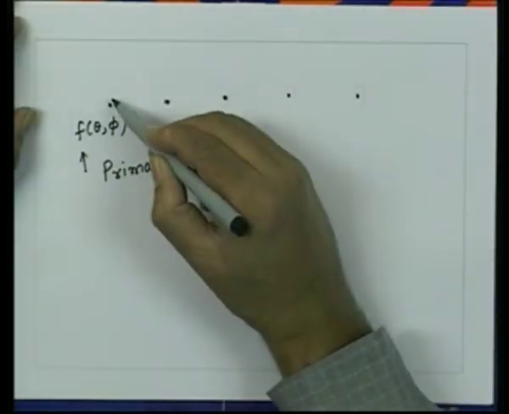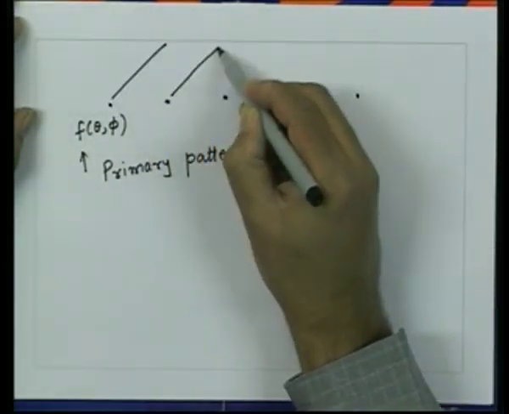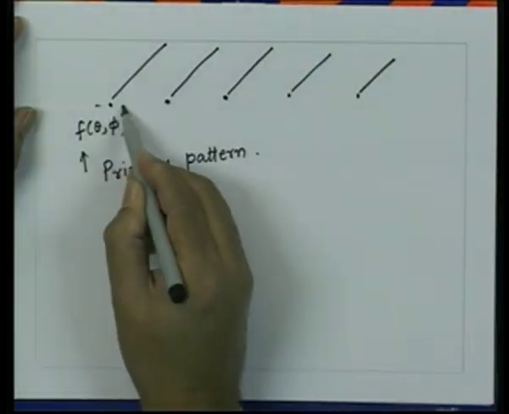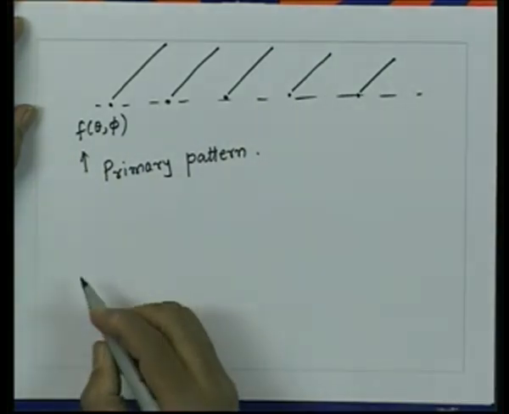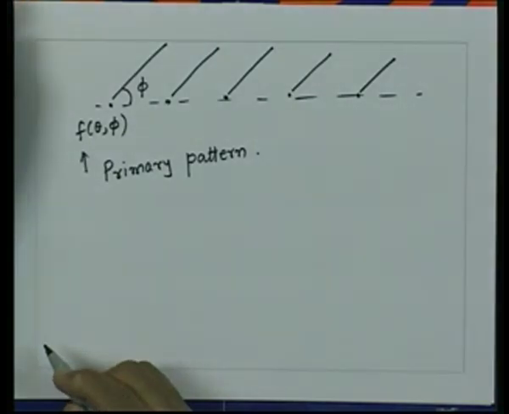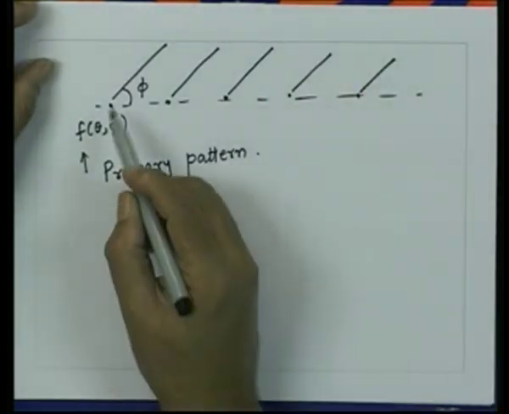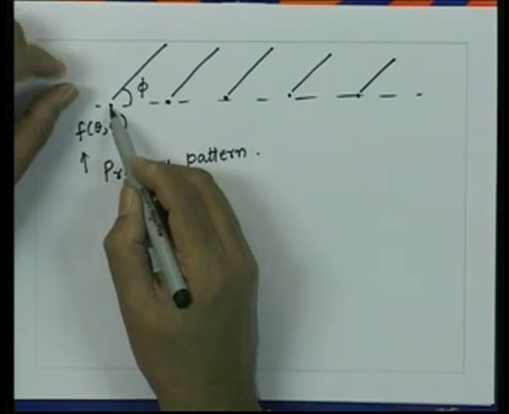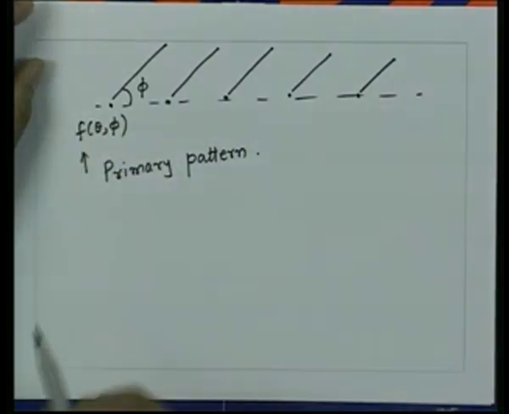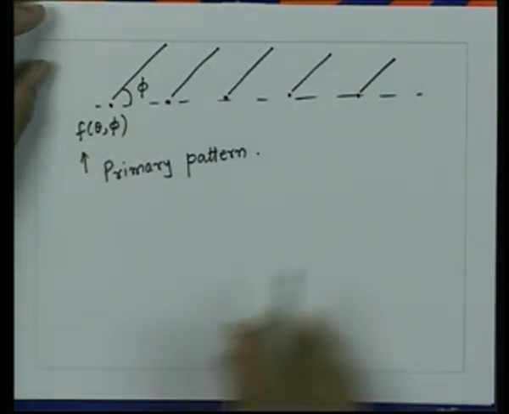Now, if I consider a direction which is phi with respect to the axis of the array, as we have taken in our analysis, let us say this angle is phi. The radiation now will not be proportional to simply I, but will also be proportional to this quantity f of theta phi, which is the primary radiation pattern.